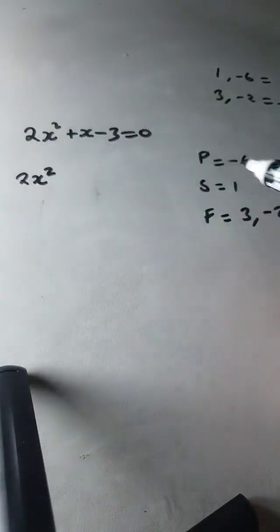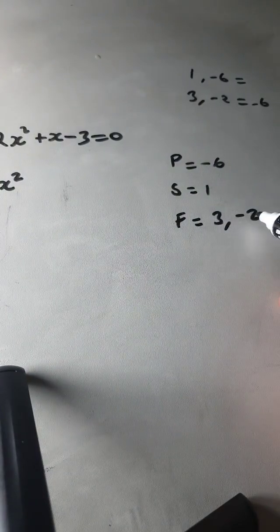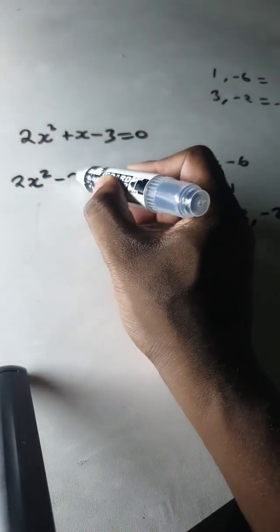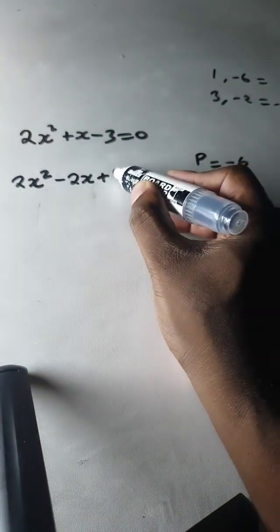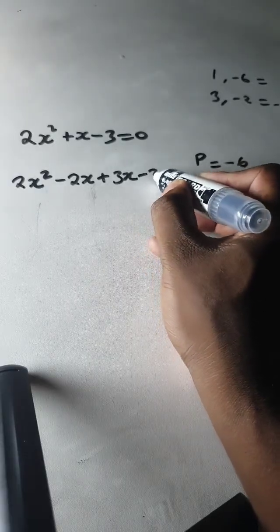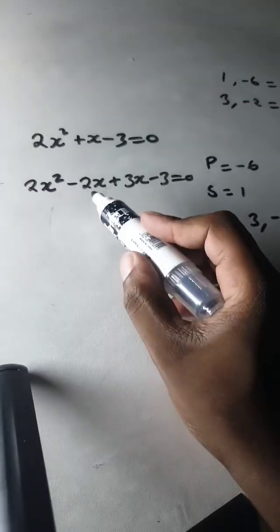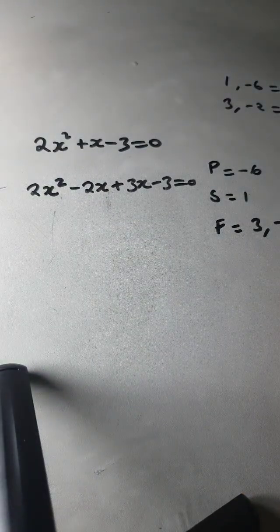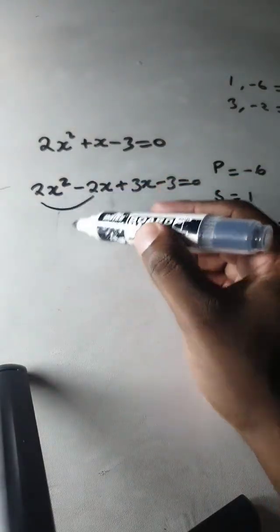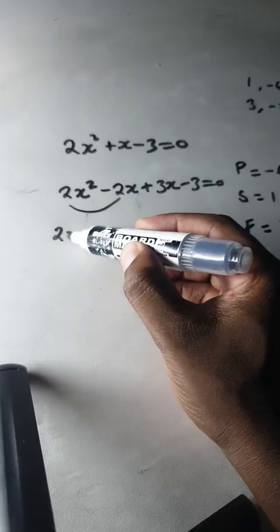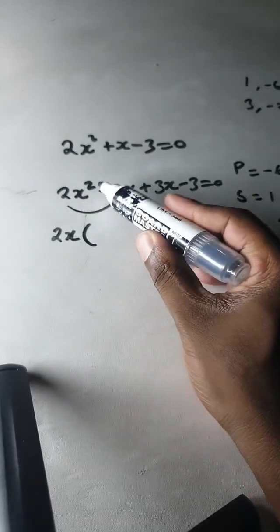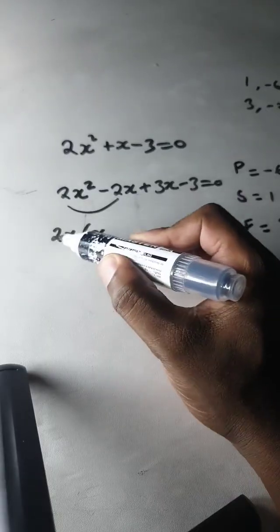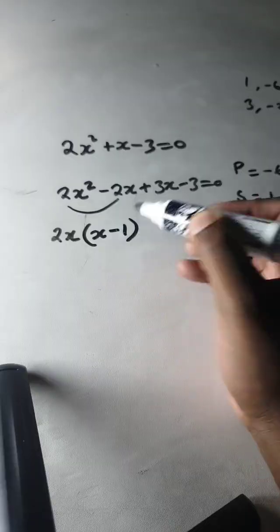Where there is x, we remove it and put 3x minus 2x. So it will now be 2x squared minus 2x plus 3x minus 3 equal to 0. Where there was x, we have replaced it with the factors. Then we factorize. The first part, what is common? 2x is common. So 2x squared divided by 2x, I remain with an x. Negative 2x divided by 2x is negative 1.